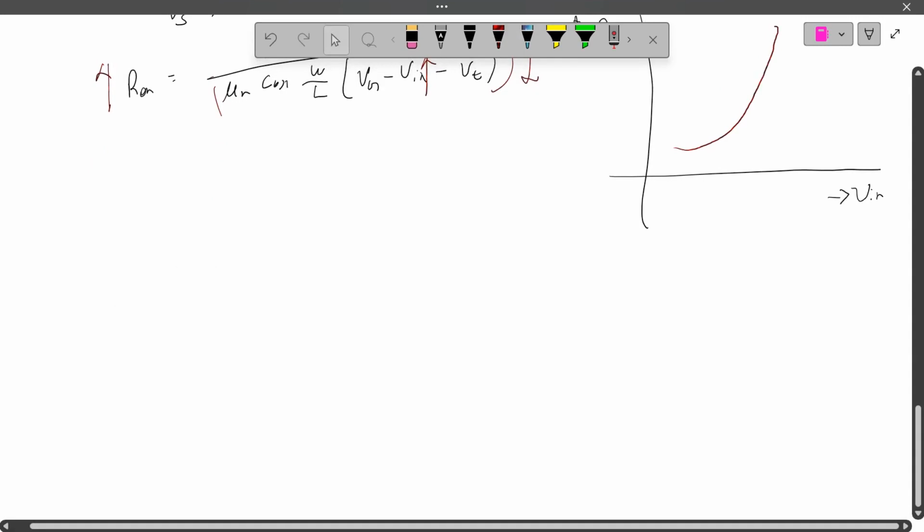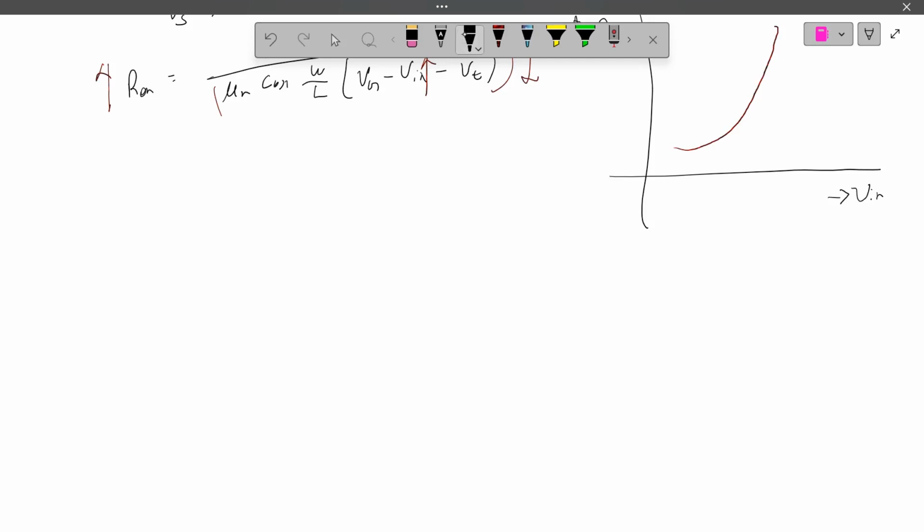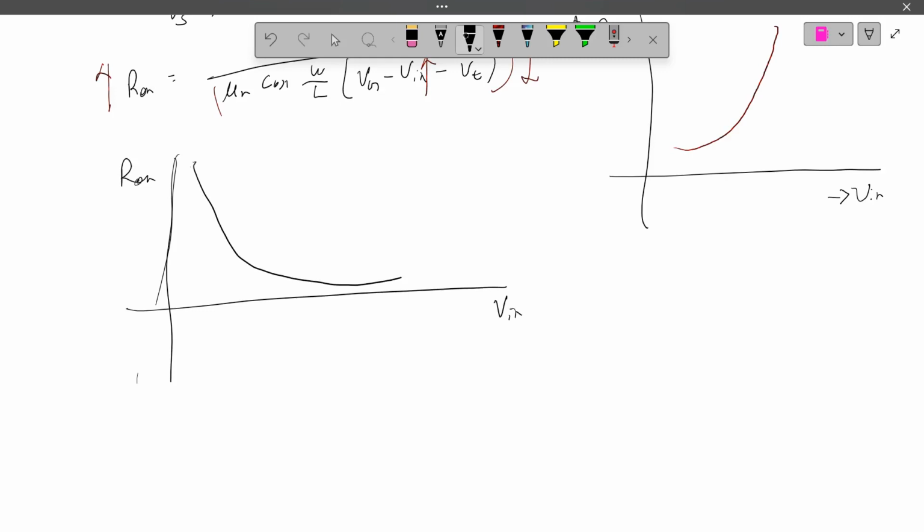And if you take the case of the PMOS, this will happen similarly. So what kind of graph will we get in the PMOS if we take the PMOS as a switch? This is just the opposite of the NMOS, right? If you increase the Vin, Ron will decrease.